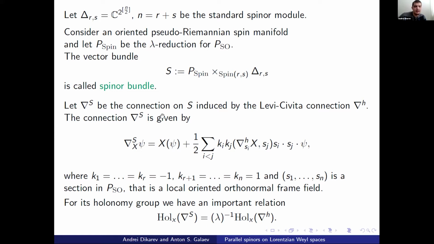Denote by nabla S the connection on this bundle, which is induced by the Levi-Civita connection nabla h, and nabla S can be given by this formula. And we have an important relation between the holonomy groups of the connection nabla S and the Levi-Civita connection nabla h.